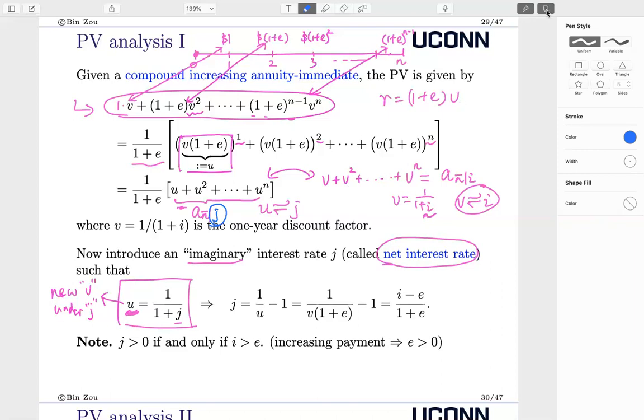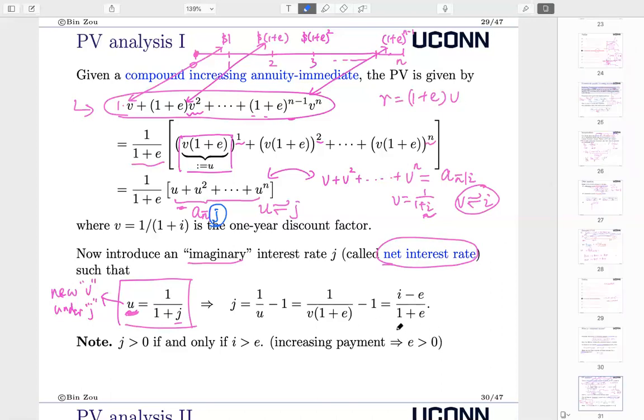With that, we can easily derive the relation between J and everything else down here. I is the original interest rate. E is the ratio of your increment for the payment. So from here, we can see J is bigger than 0 if I is bigger than E. So the interest rate is supposed to be bigger than the increasing ratio, okay?